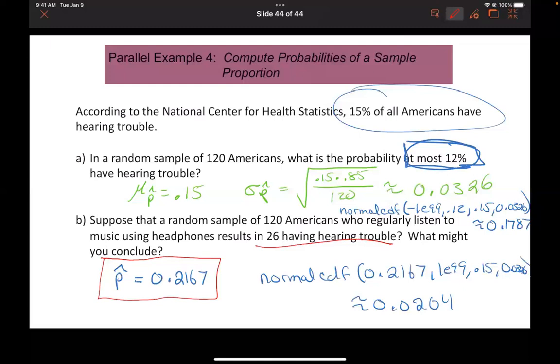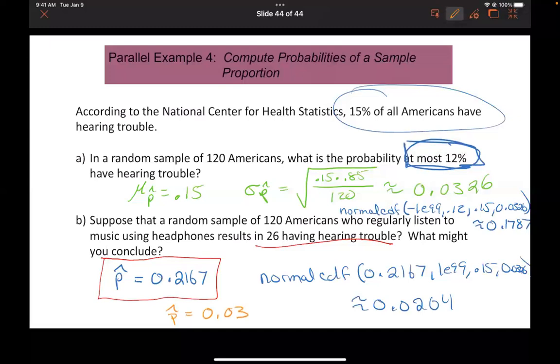If it was an unusually low value, like let's say that my P hat, this is not it, but let's say that my P hat was 0.03. If I ended up with a P hat of 0.03, I would be like, that's an unusually low value. What would be the probability of getting that or less? So you just got to look at it and say, is that unusually high or is that unusually low?